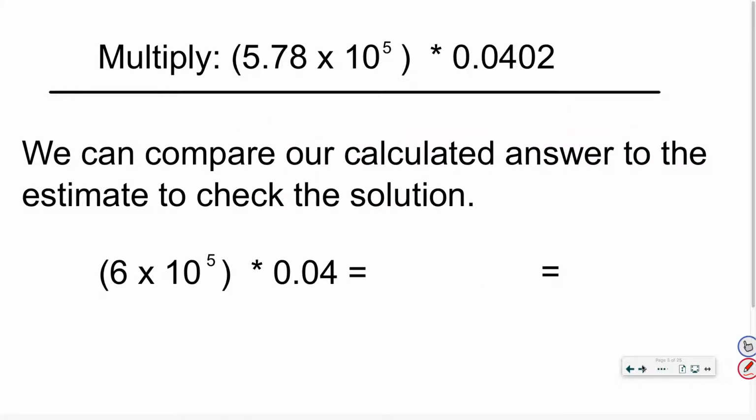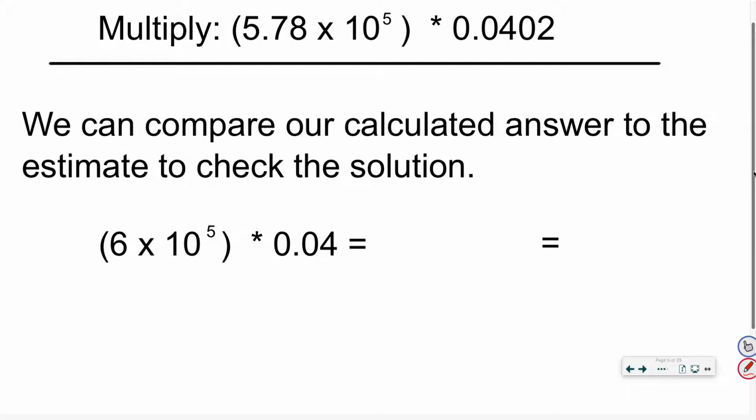Now, if we estimate this, we have 2 options. We could estimate this and put them in standard form. So we could do 6 times 10 to the 5th is what number broken out? 600,000. We could do that. What is 600,000 times 0.04? What's 6 times 4? 24.